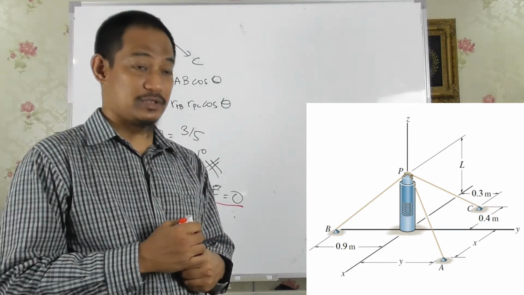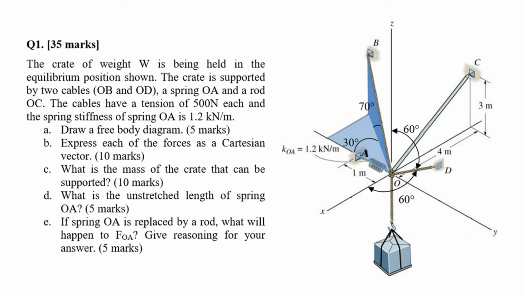Let's move on to question number 4. Okay, this is the fourth question for today. The diagram is as shown. You have a crate, like a box hanging there, and then you have the cables, the rod, as well as a spring. The question goes: the crate of weight W is being held in the equilibrium position shown.